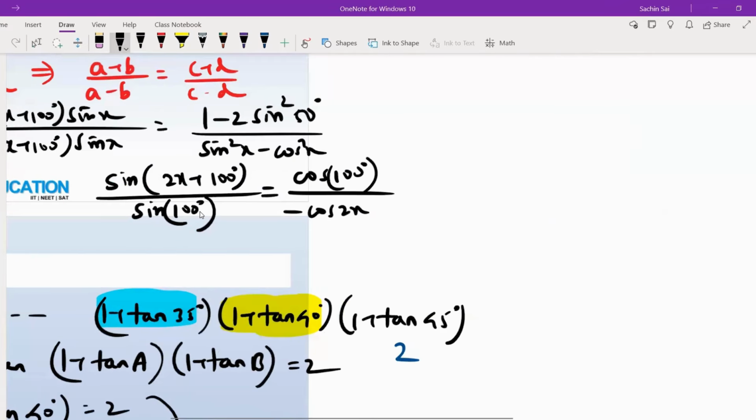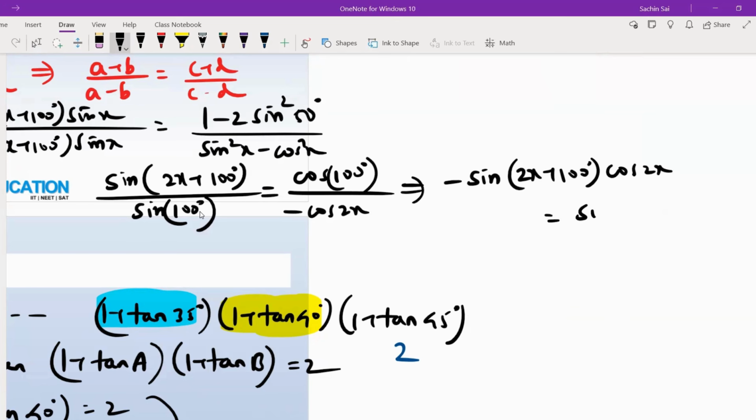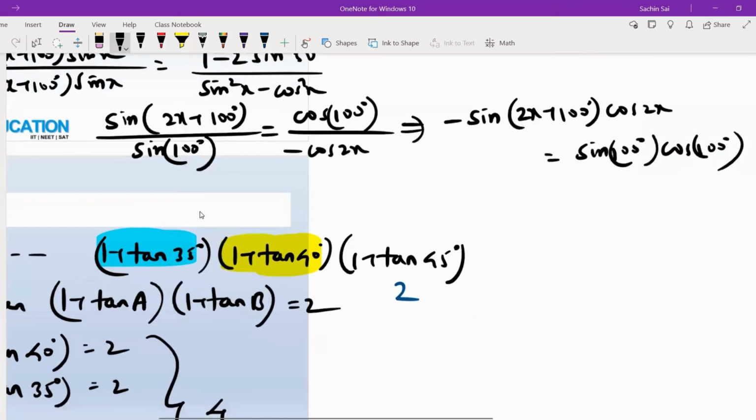Okay, so now you can cross multiply. If you cross multiply, you get minus sine of 2x plus 100 degrees into cos 2x equals sine 100 degrees into cos 100 degrees, right?